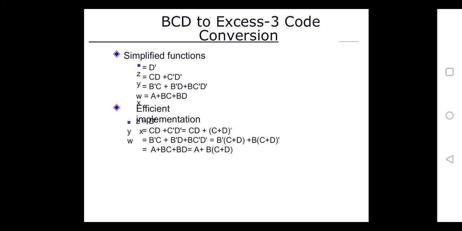We can take B bar common in the first 2 terms, so B bar into (C plus D) plus B into (C plus D) whole complement, according to De Morgan's theorem. And X equals CD plus C bar D bar. You can implement X as an XNOR operation, or it is also represented as CD plus (C plus D) whole complement, and Z is equivalent to D bar.